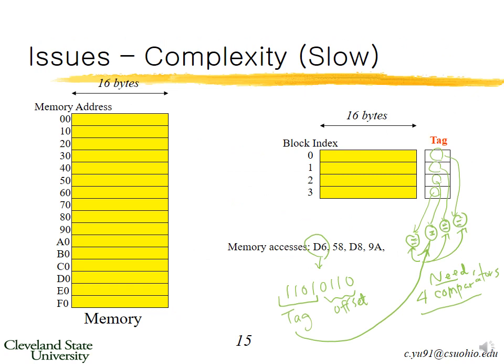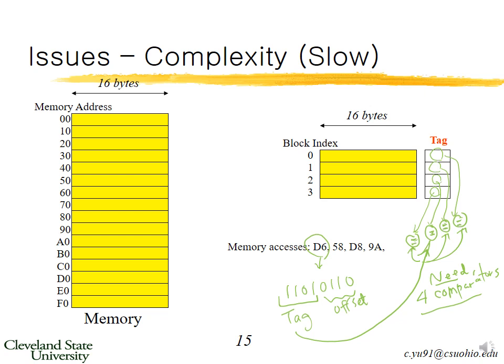So what is the problem with the fully associative cache if it shows such good performance? First of all, it's complex and slow. Whenever the memory address D6 is given, the CPU decomposes it into two parts, tag and offset. Note that there is no index part.